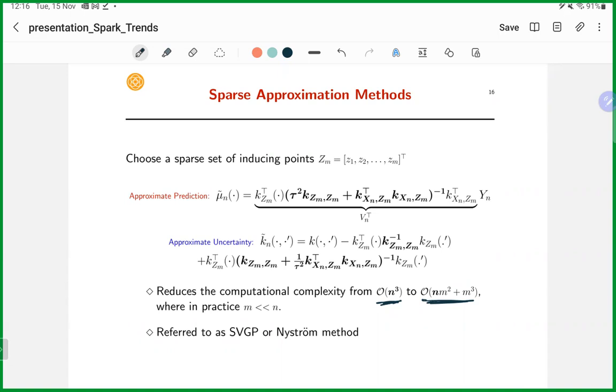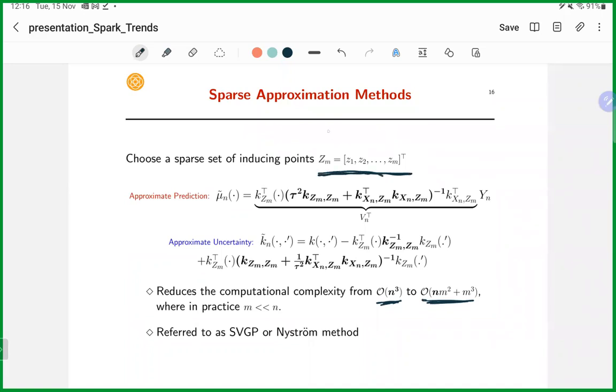So these formulas are, yeah, a bit scary and big. I don't expect anyone who is not familiar with this to try to grasp these formulas in one look. But the general idea is, rather than using the inverse of the covariance matrix, we introduce a small set of inducing points.